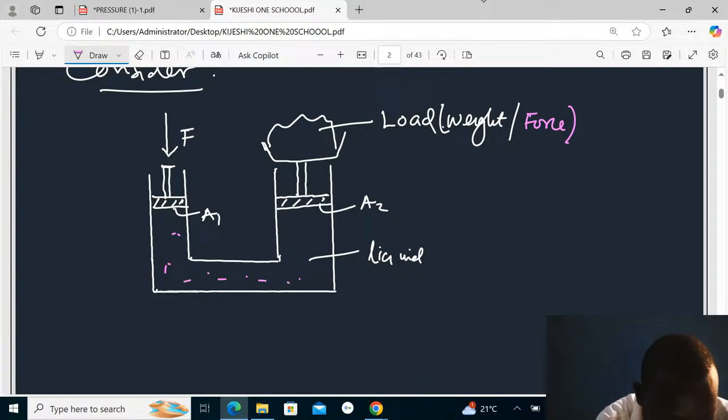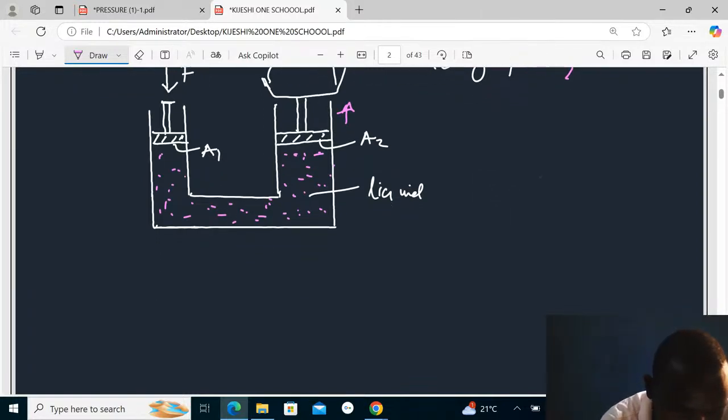And because the fluid, or the liquid, is enclosed, that pressure will be equally transmitted by this enclosed fluid to this other arm where we have our area 2. Then this one will lift up; it is going to lift up this load.